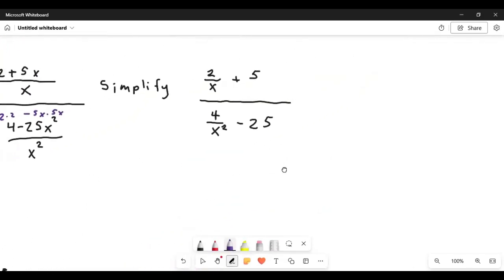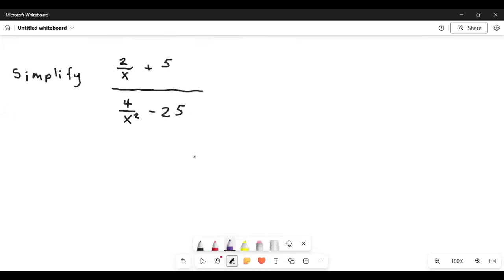Now we're going to do the same question using a different method that ends up being quite a bit faster, but it also requires learning something new. First thing, we have to find the LCD of all four quote-unquote little fractions. Remember that 5 is really 5 over 1, and negative 25 is negative 25 over 1.